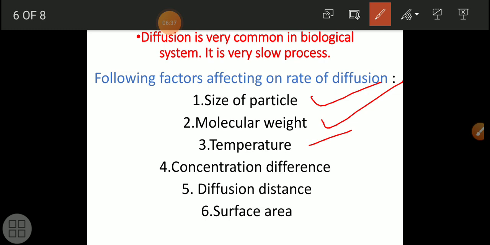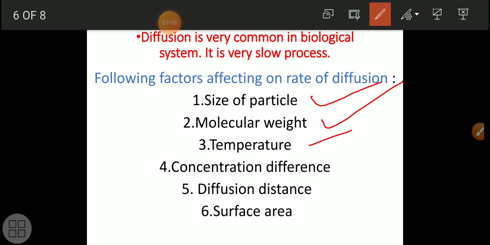If a person sitting in another corner of the room receives the smell, definitely in winter that person will receive it very late as compared to summer. So definitely as the temperature increases, the rate of diffusion increases. In summer, the temperature is high as compared to winter.